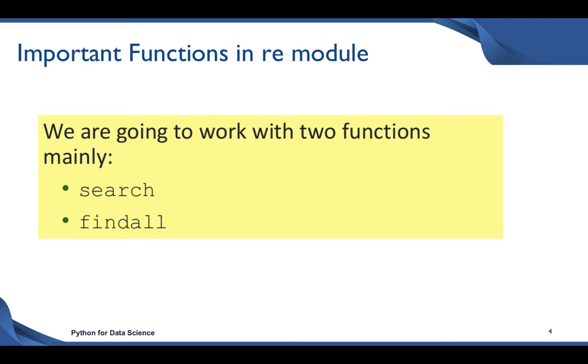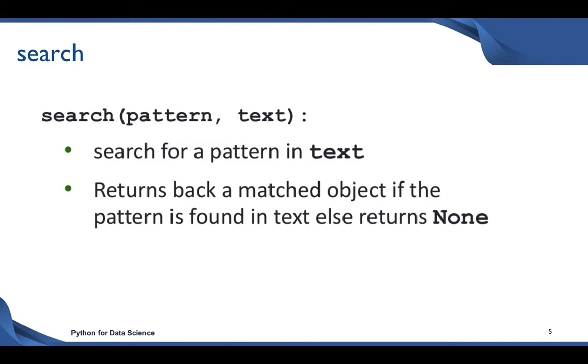Now we are going to work mainly with two functions, that is search and findall in the re module. So search is used to search a particular pattern in your text, right? It returns a match object if the pattern is found, and if it is not found it will return None, right?